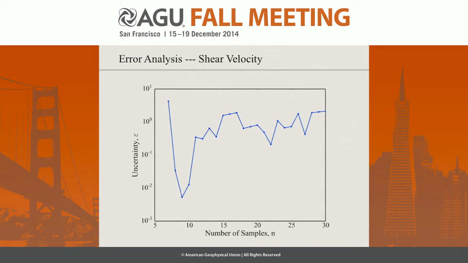With increasing number of samples used in the TsuSpeed model, at first the uncertainty will decrease because we input more information to the inversion model to get the right answer. At some point, the uncertainty will increase again because when we input more samples into the inversion model, it means we input more errors into the inversion model.